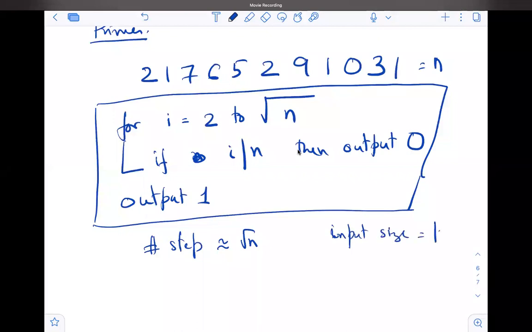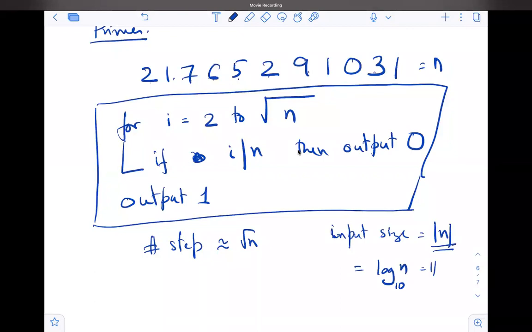is what? When I say size of n, meaning the size of n as this one, so this is basically log base 10 of n. Right. 1, 2, 3, 4, 5, 6, 7, 8, 9, 10, 11. So actually in this case it is 11.